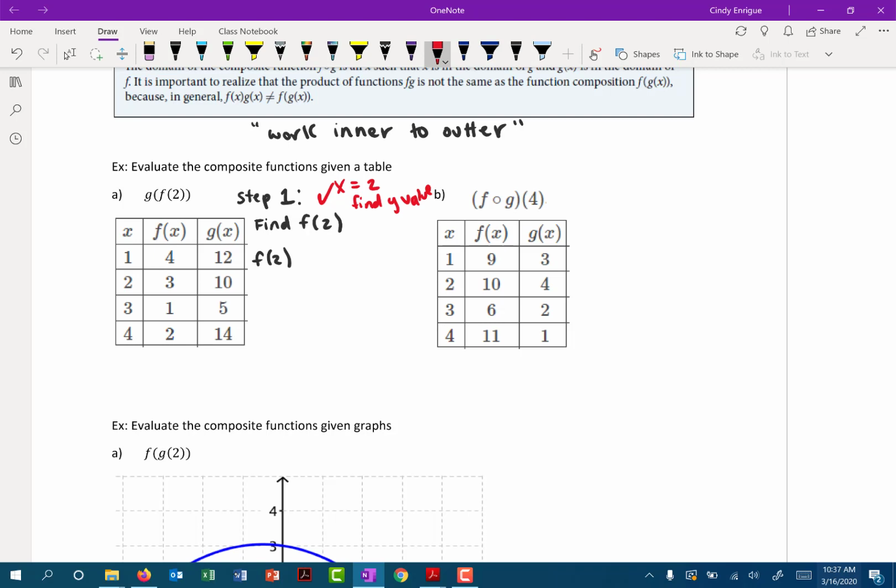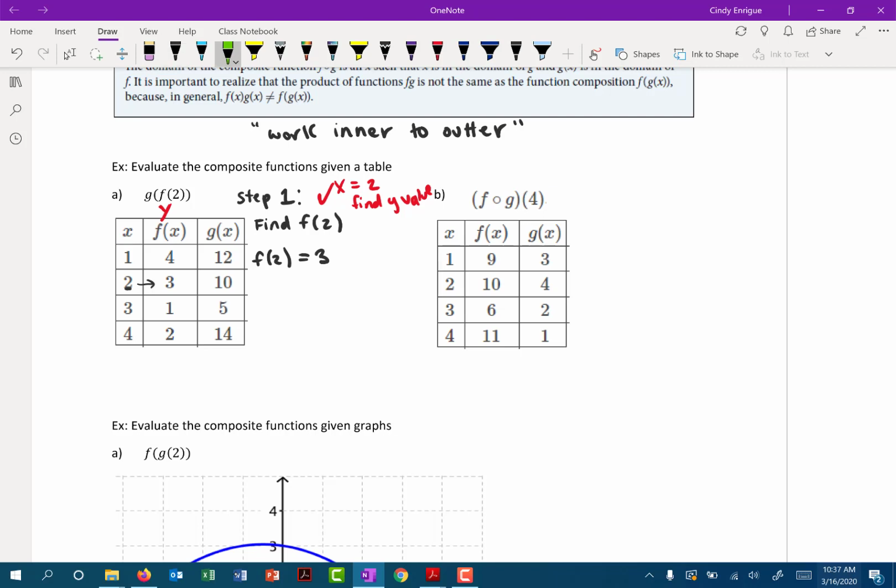So if that's the case, here's an x and here's y with respect to f. So that's the only thing that we're thinking about. So okay, here's x is 2. So our corresponding y value then must be 3. So now I know that f of 2 is equal to 3.